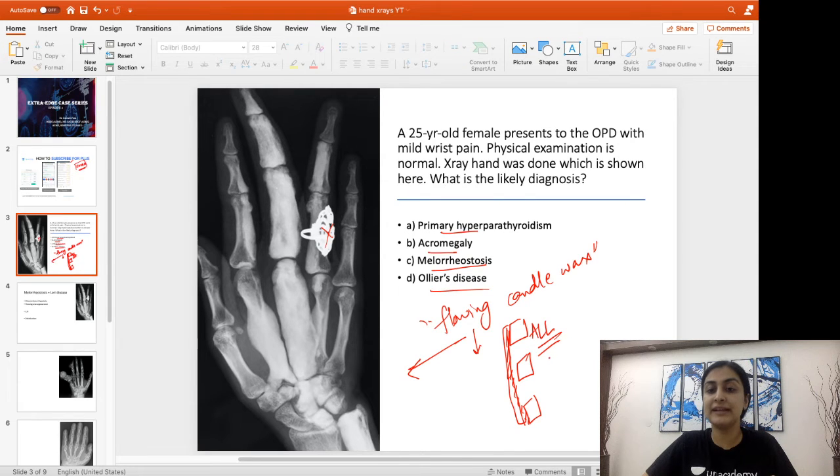This particular entity tends to affect older patients, at least older than 40 years, and tends to involve the cervicodorsal spine. So all of these points, remember, go in favor of a diagnosis called DISH, which stands for diffuse idiopathic skeletal hyperostosis.